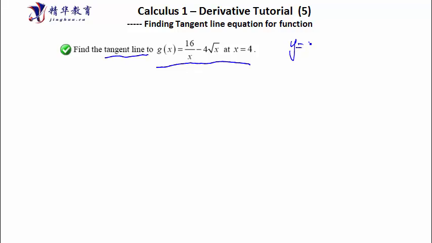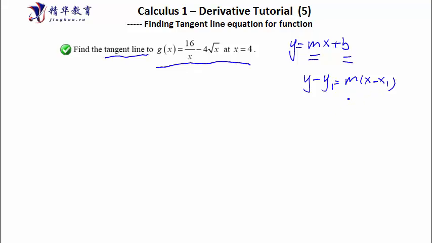We need this formula: y = mx + b, where m is the slope and b is the y-intercept. Or if you like, you can use this one. It's all your choice. This is slope-point form.